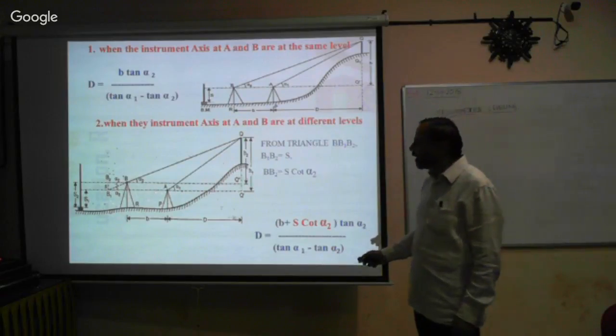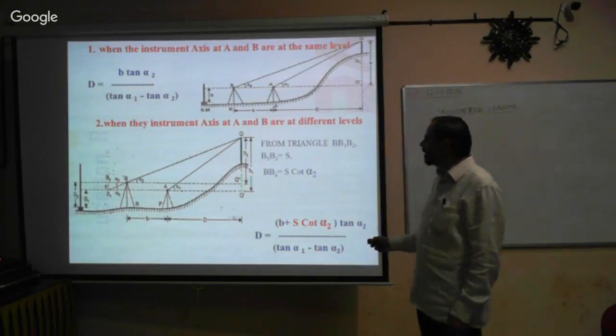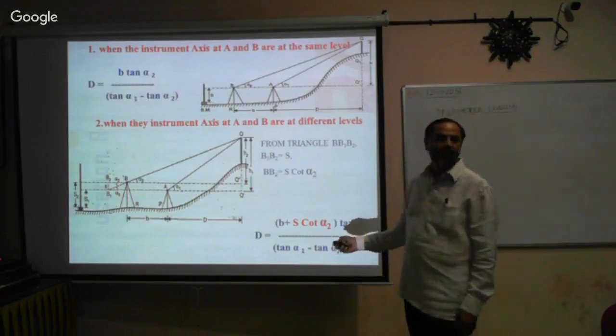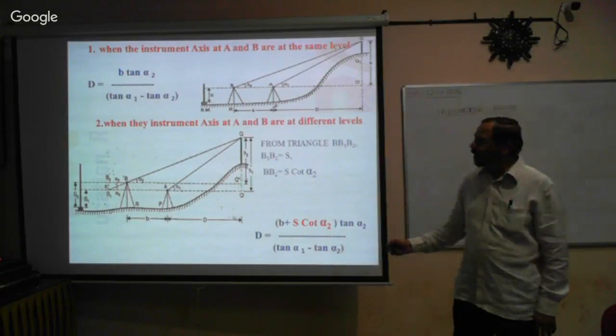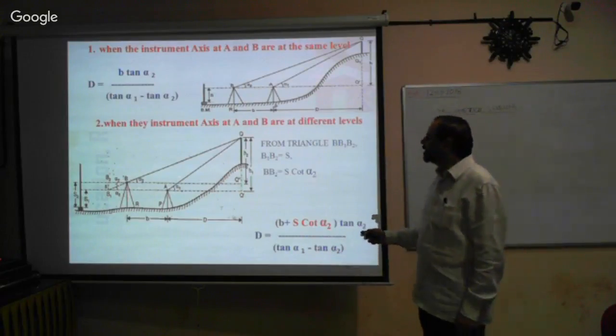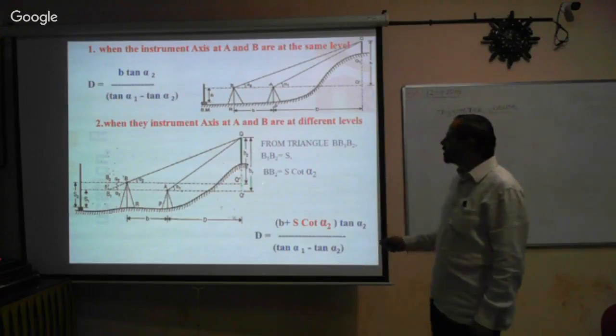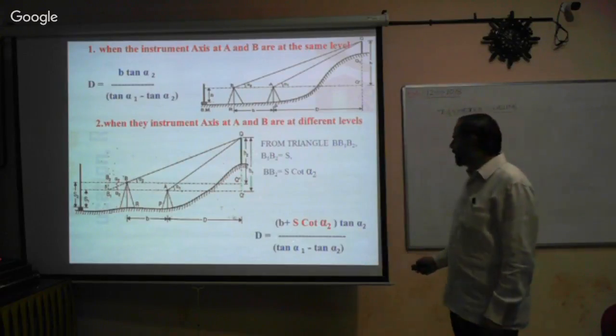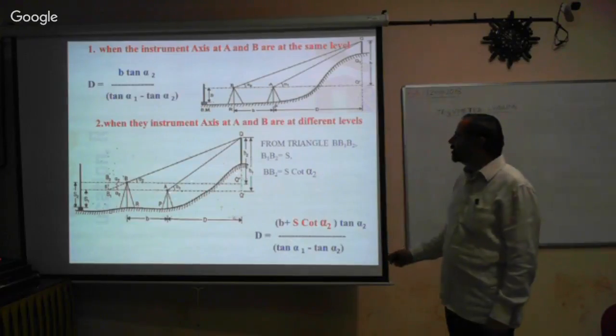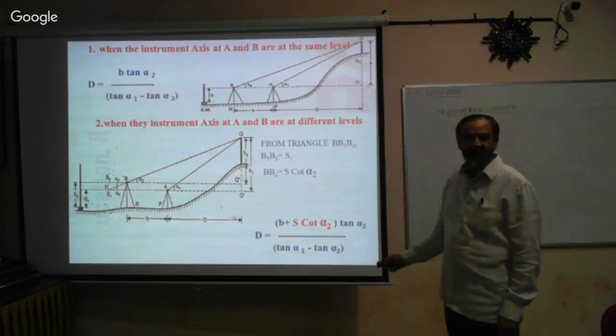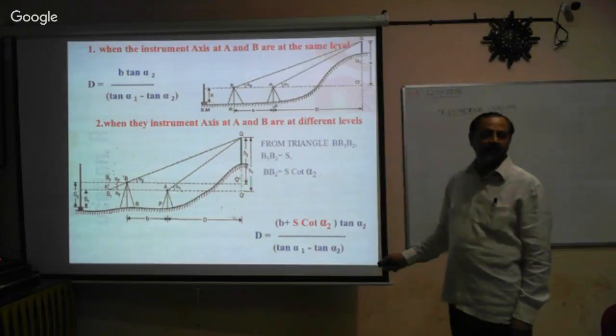In the second triangle, B is increased by B1 B dash, that is equal to S cot alpha 2, isn't it? Therefore, considering the second triangle, H1 is equal to D plus B plus S cot alpha 2, tan alpha 2.